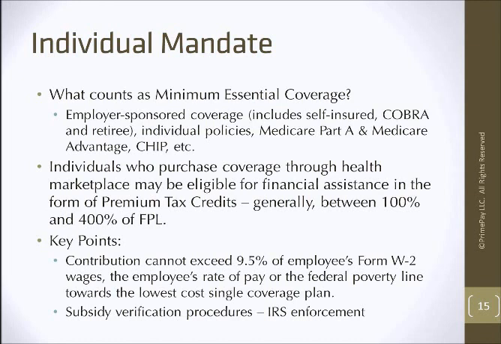Next, individuals who purchase coverage through the health marketplace or through healthcare.gov may be eligible for financial assistance in the form of premium tax credits. I know many of you are aware of that.